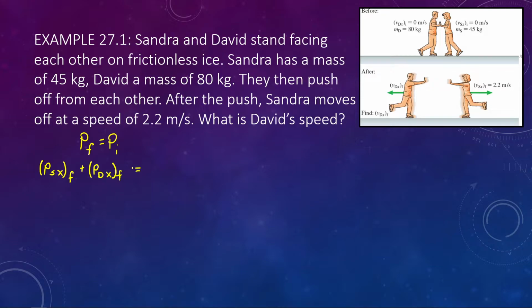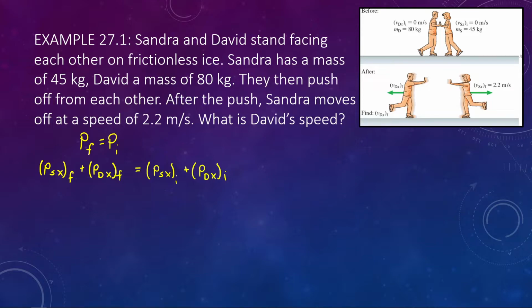So they have two final momentums, and initially they are also separate. So we have the momentum of Sandra in the x direction initially, plus the momentum of David in the x direction initially as well. So this is the expanded form of the equation for this problem. Two people, so two terms in the equation, but thankfully it's one-dimensional.